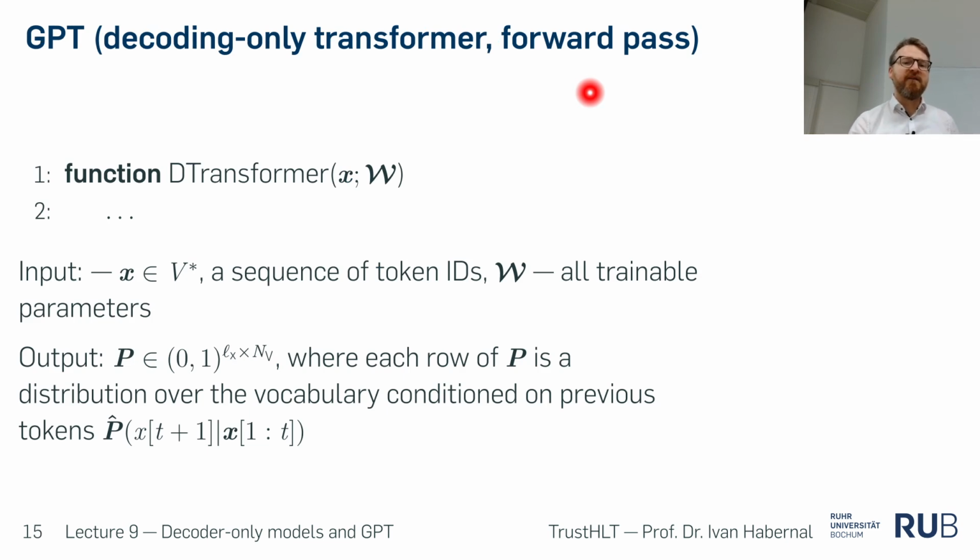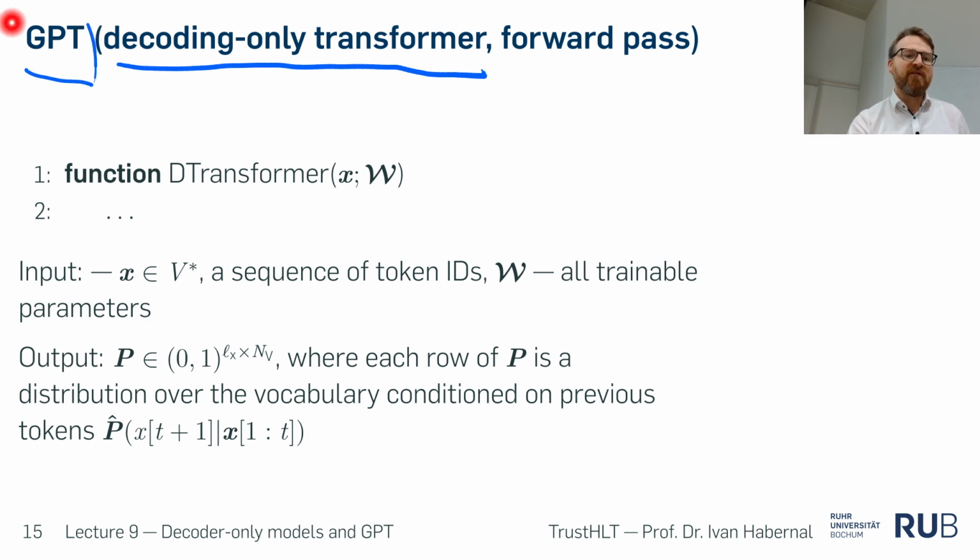Now we have, basically, a function. We have a decoder-only transformer, as in generative pre-trained transformers, GPT. Are you 100% sure? Yeah. Generative pre-trained transformers, because they can generate text.